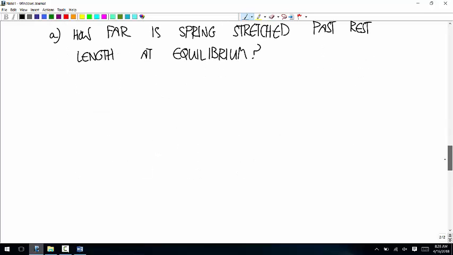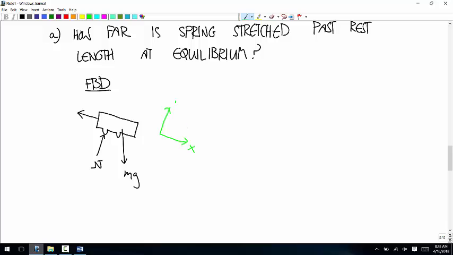All right, well, let's do a free body diagram of the cart. There's a weight force, a normal force, and then there's a spring force. For this, I'm going to use a rotated coordinate system like this.